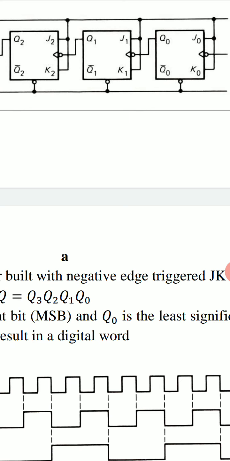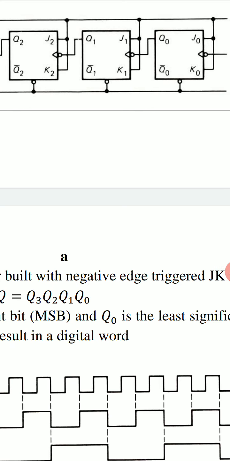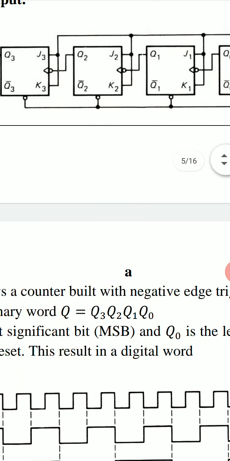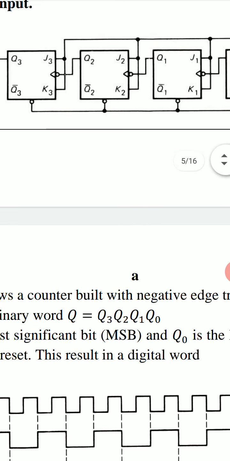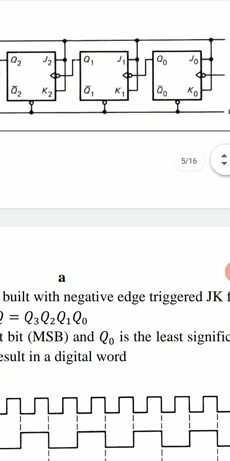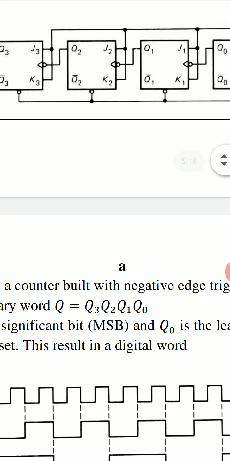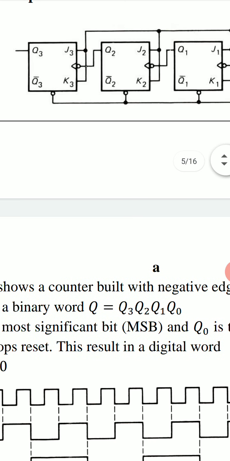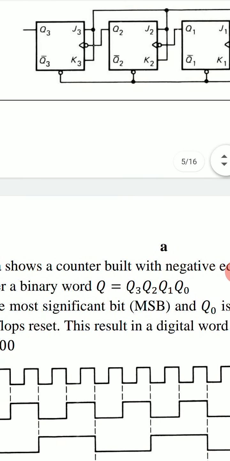TP is propagation delay time for one flip-flop. And if we use n such flip-flops, then total propagation delay time will become n times TP.